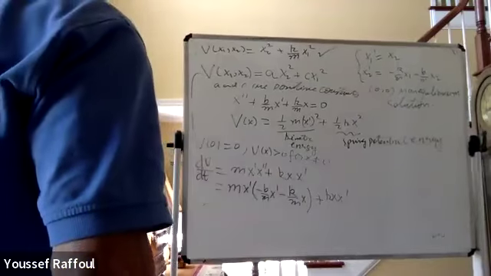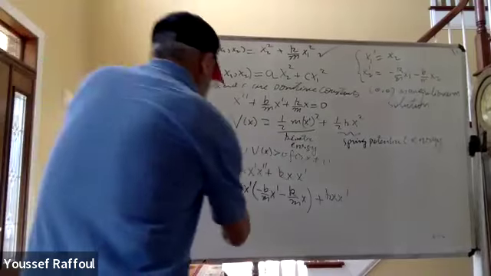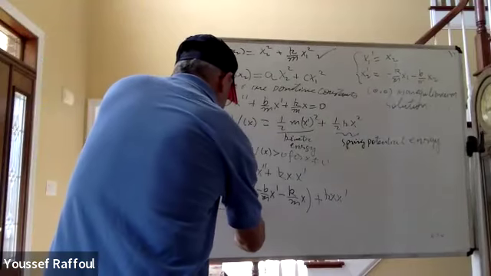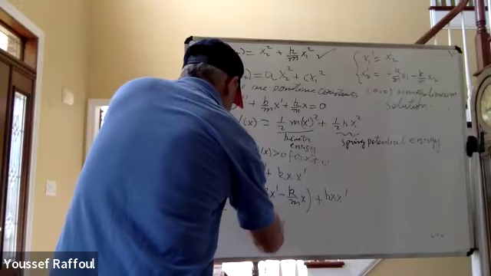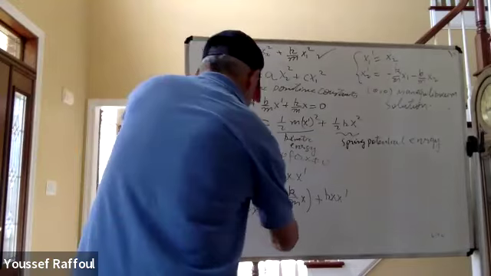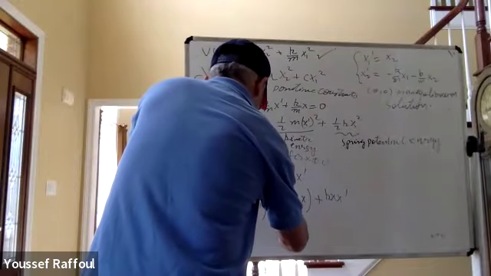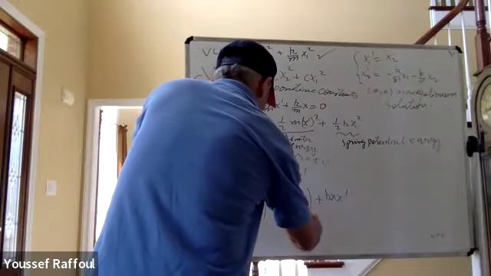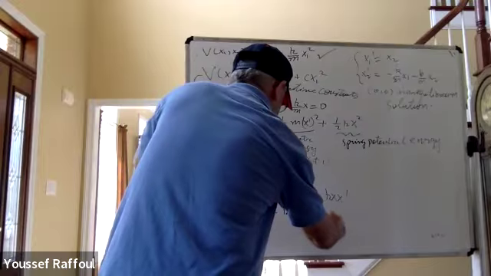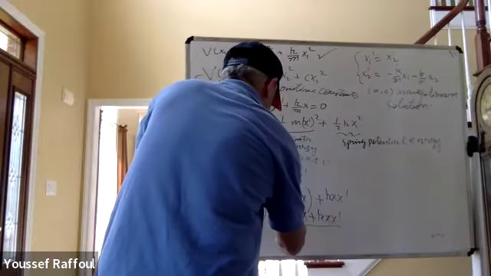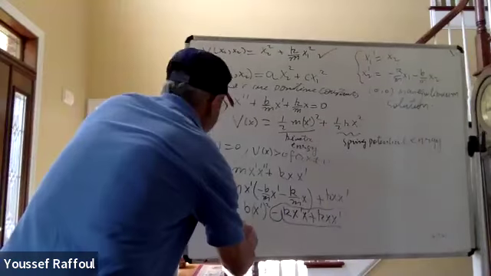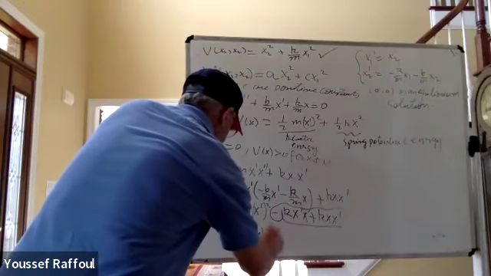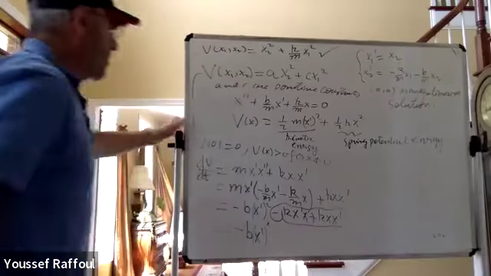Okay? So what is that? That is minus b x prime squared minus k x prime x plus k x prime. These two terms wave goodbye. So what do I have? I have minus b x prime squared.